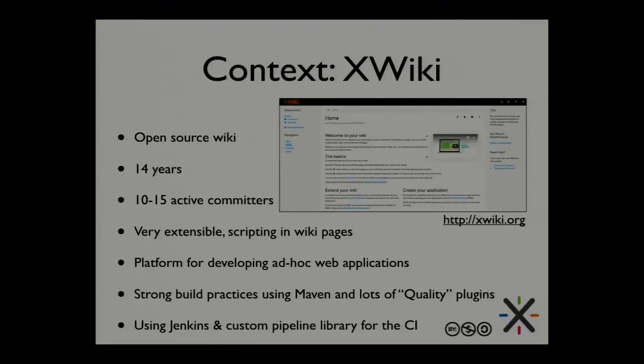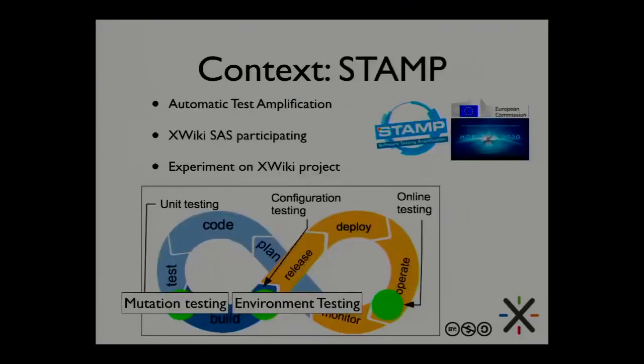We use Maven for our build. We have a lot of plugins that we use that we'll see. We use Jenkins for our CI, and we're using pipeline libraries in Jenkins. In terms of context, another element is STAMP. I work for a company called XWiki SAS, in addition to being an open source developer on the XWiki project.